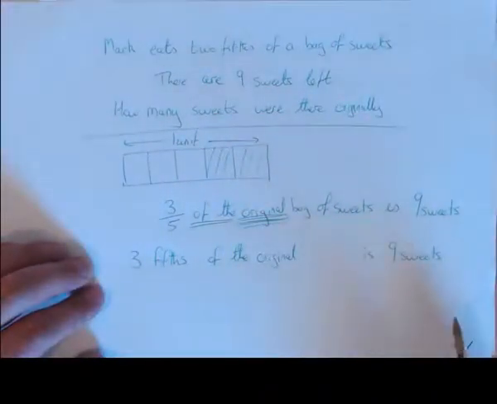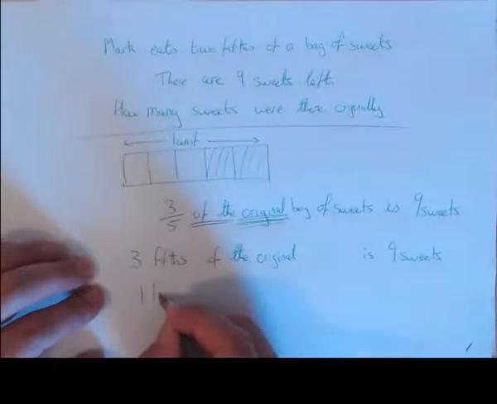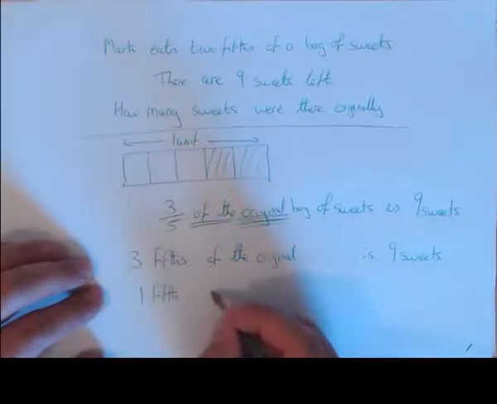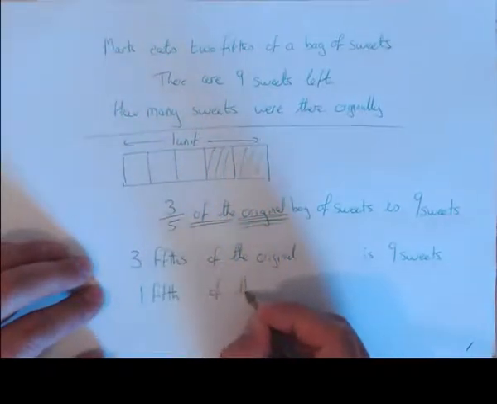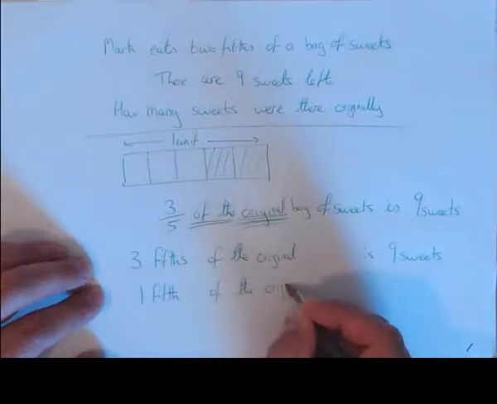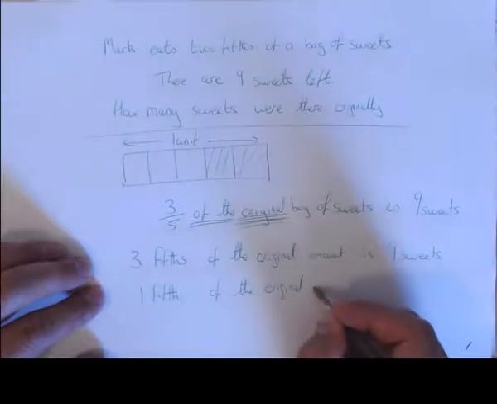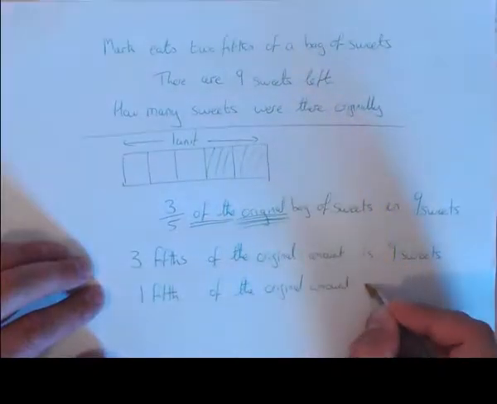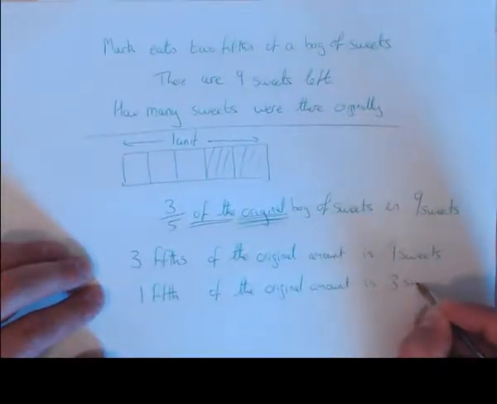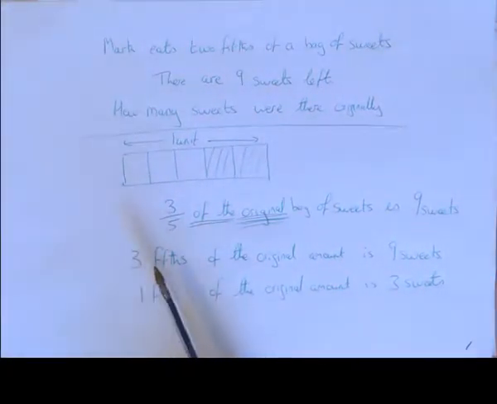If 3/5 is 9, then 1/5 of the original amount is 3 sweets. Okay? If 3/5 of something is 9, then 1/5 of the original amount is 3 sweets.